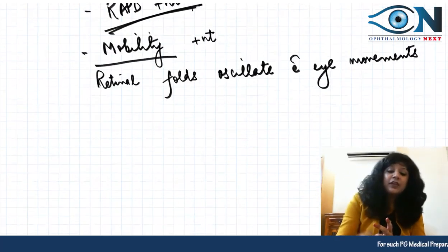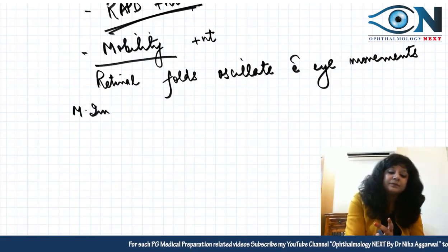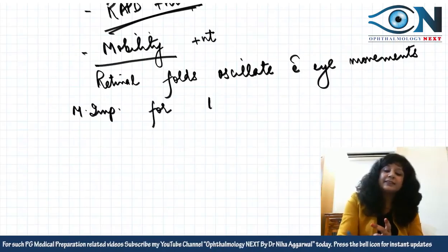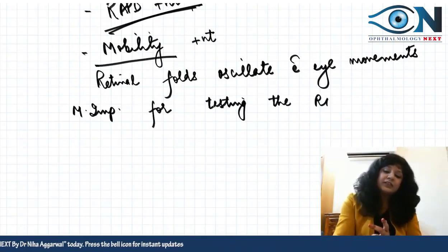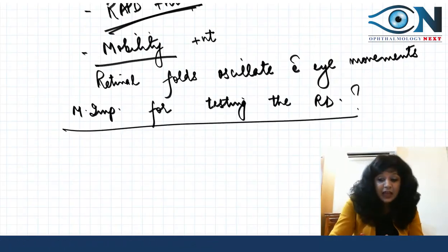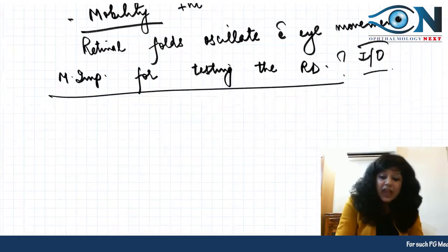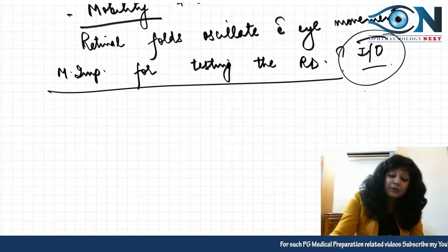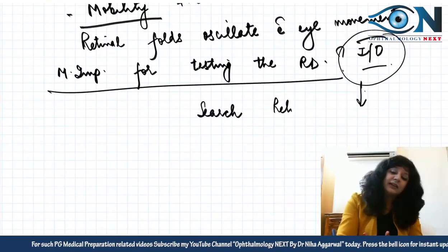Okay, now if they ask you what is most important for testing the retinal detachment, then the answer will be indirect ophthalmoscopy. Why? Because I need to do indirect ophthalmoscopy in order to search for the retinal tear.